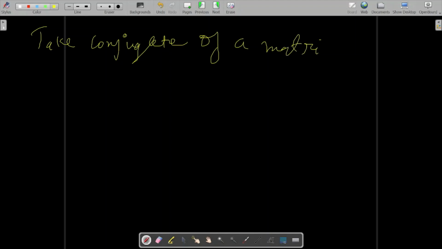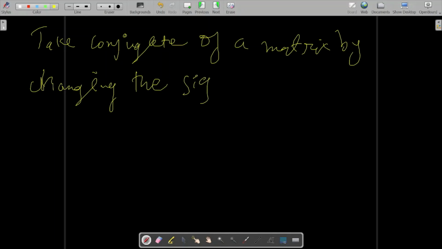So let me write over here: take the conjugate of a matrix by changing the signs of iotas.